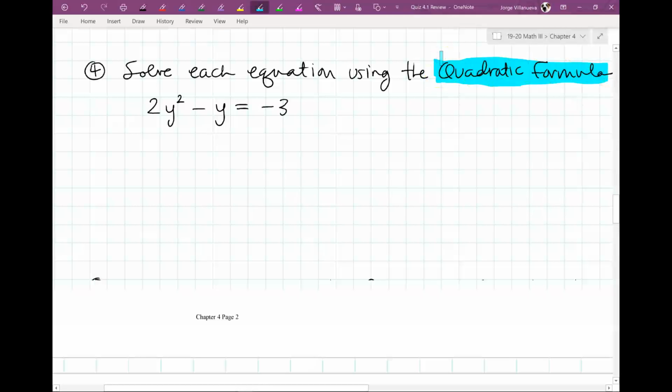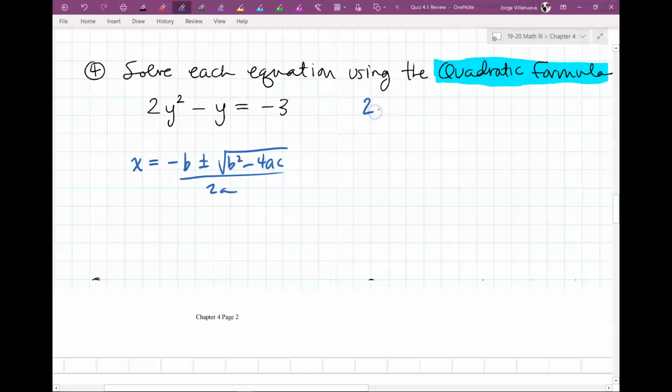So x equals negative b plus or minus the square root of b squared minus 4ac over 2a. When you do this, first you got to fix your problem. In order to fix it, I got to move this negative 3 over to this side.